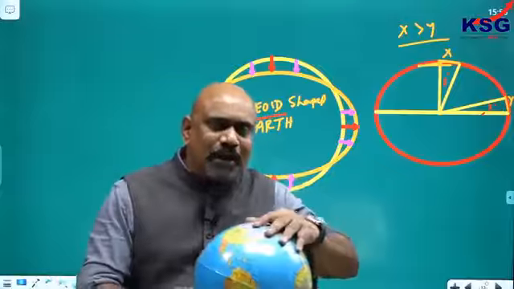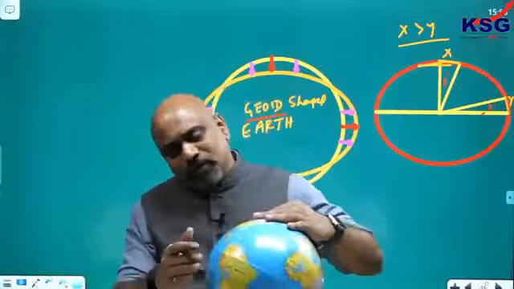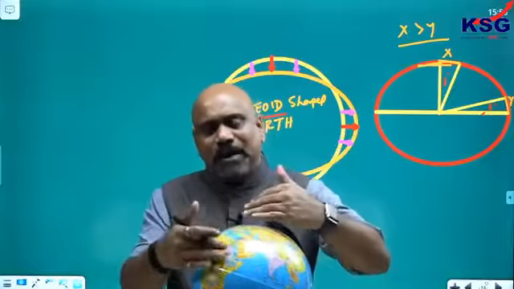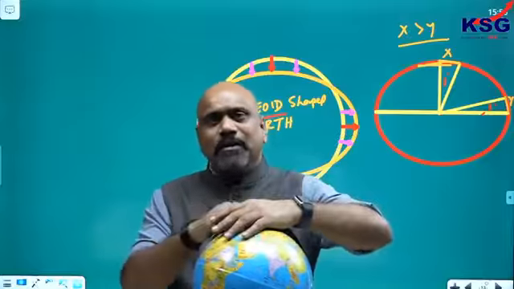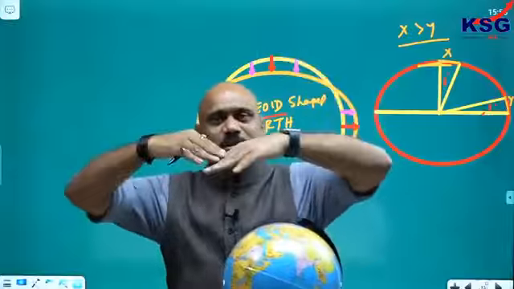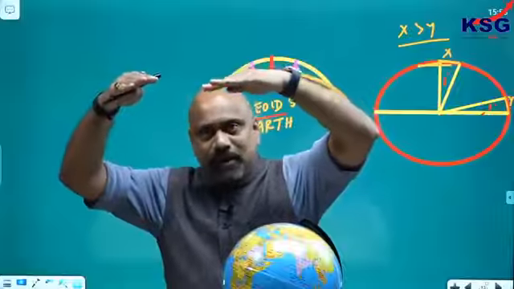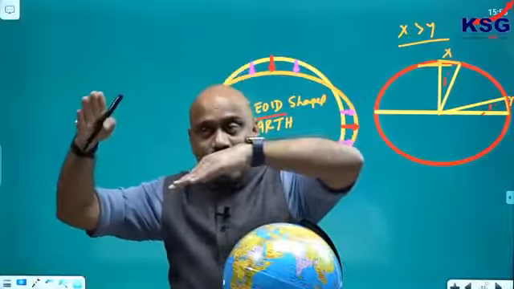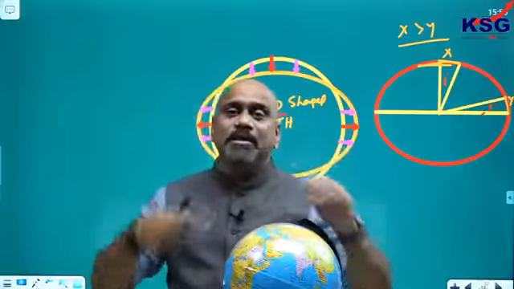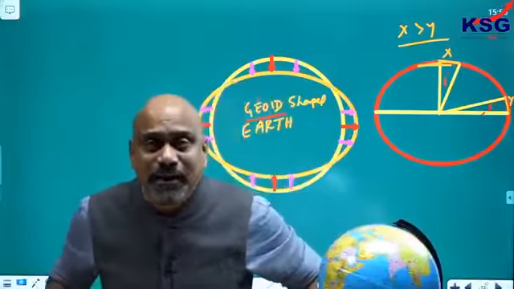Now from the polar area the cold air mass is going this way, and from the tropical area the warm air mass is coming this way. At the temperate zone both are meeting, and because the cold air mass and warm air mass meet each other, the cold air mass, being a bit heavier, sinks down, and the warm air mass is lifted up and forms a cyclone. In this way they also help in temperature exchange.